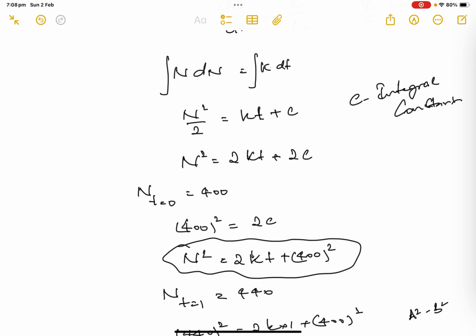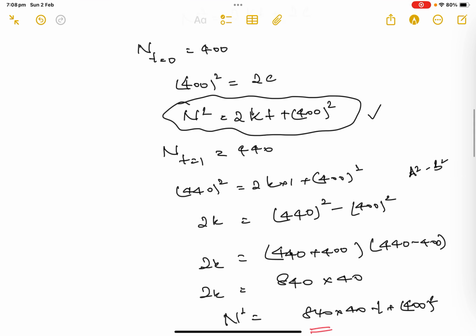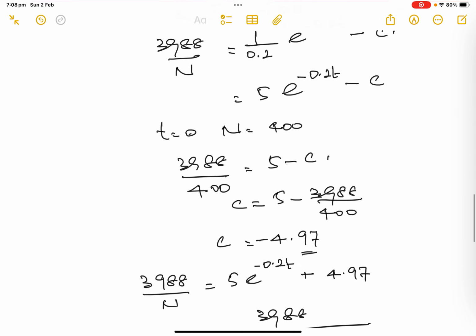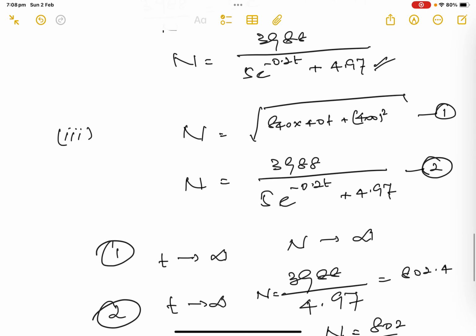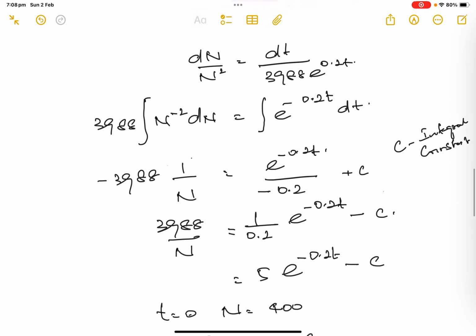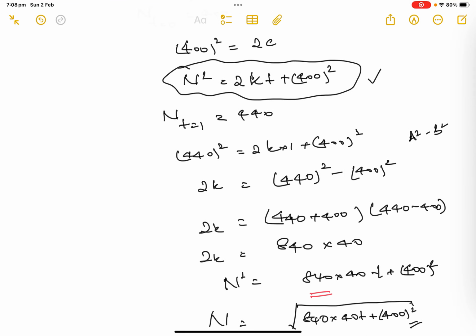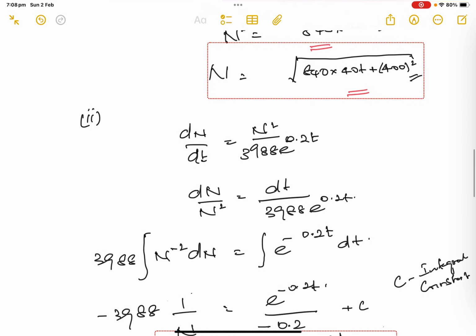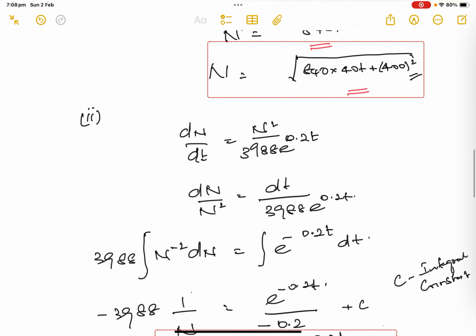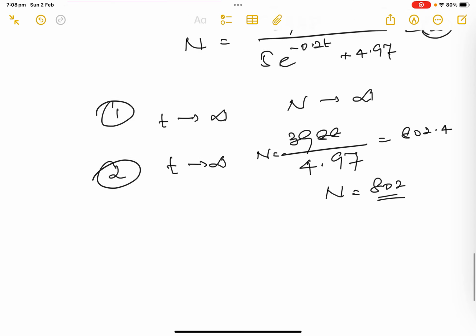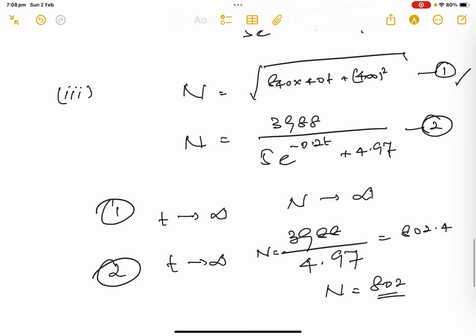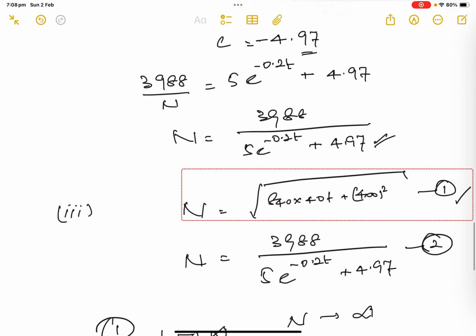From that we found this equation: n equals square root of 840 times 40t. I have written it again here. And the next equation we just found is n equals 3988 over 5e to the power minus 0.2t plus 4.97.